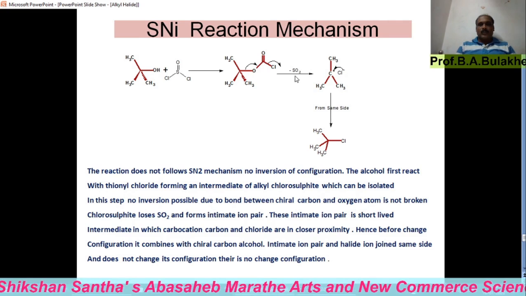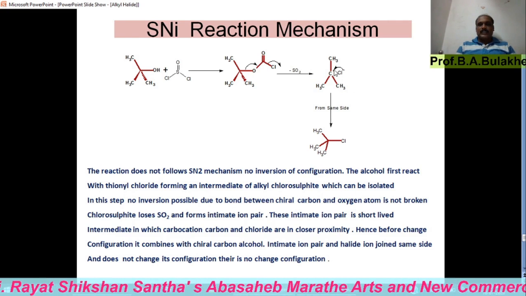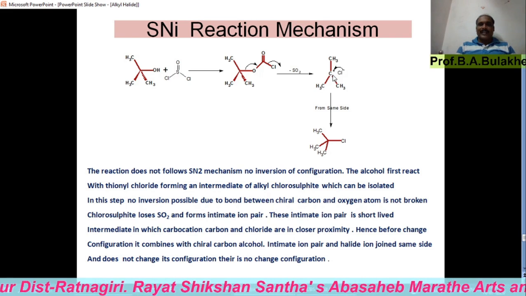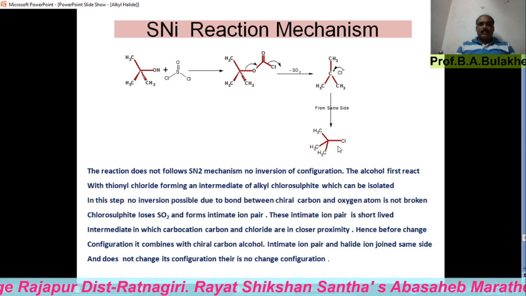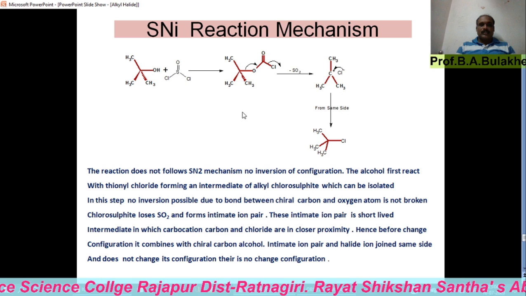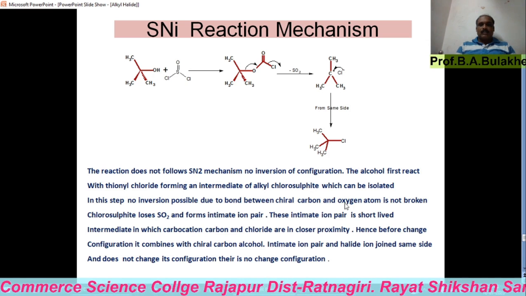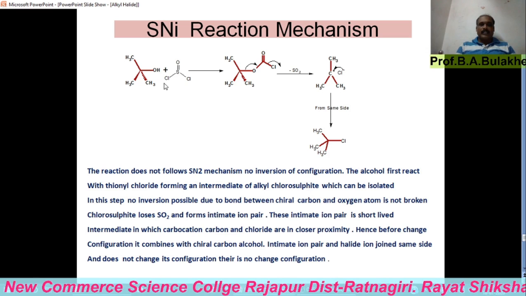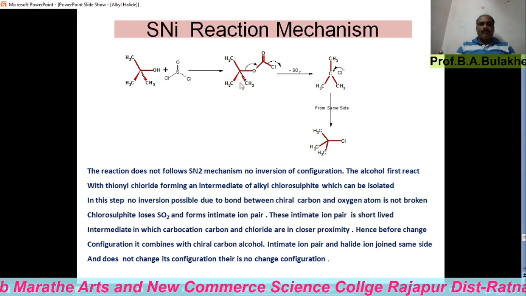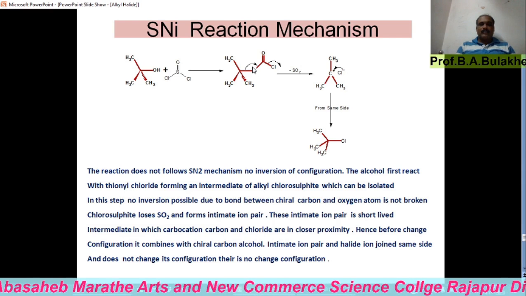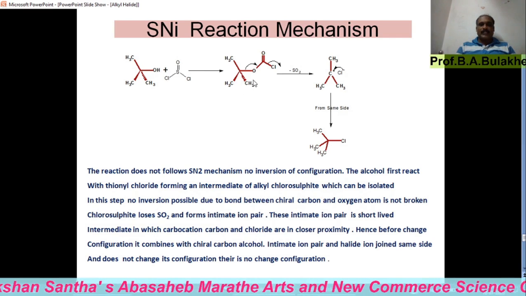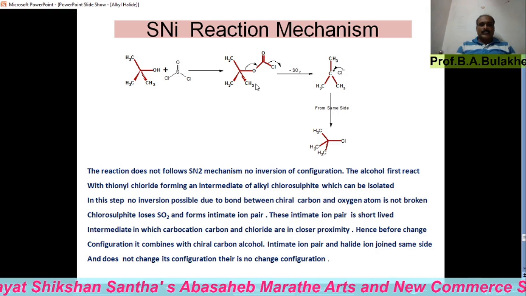After loss of SO2, the Cl minus attacks the carbocation and forms the bond. Inversion of configuration does not take place because the alcohol first reacts with thionyl chloride to form the intermediate, alkyl chlorosulfite, which can be isolated under mild conditions.